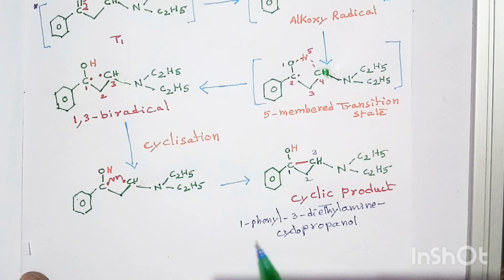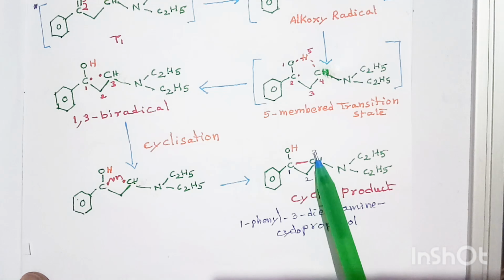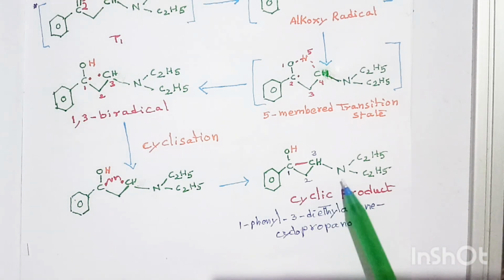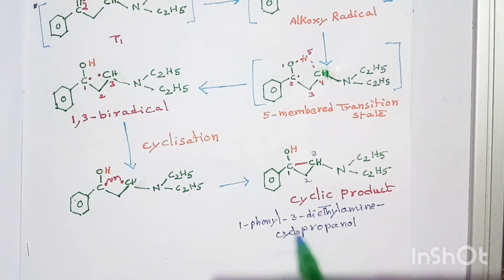We can name this compound as 1-phenyl because the phenyl group is present on the first carbon atom, 3-diethylamine, diethyl because 2 ethyl groups are present, amine because amine is attached to the third carbon atom. Cyclopropanol: this is cyclopropanol because 3 carbon atoms are present here.